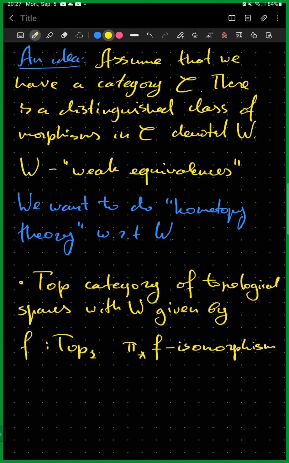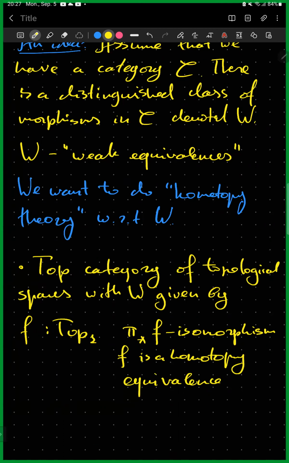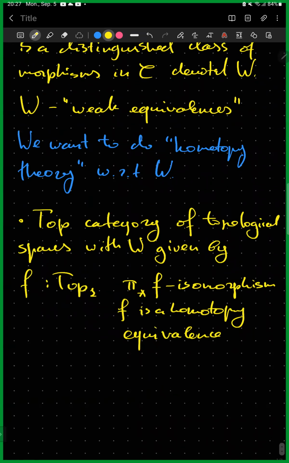Another way, we can say that we want such maps f that f is a homotopy equivalence. So obviously, those two are not the same thing, and depending on which class of weak equivalences we choose, we obtain different homotopy categories of topological spaces.